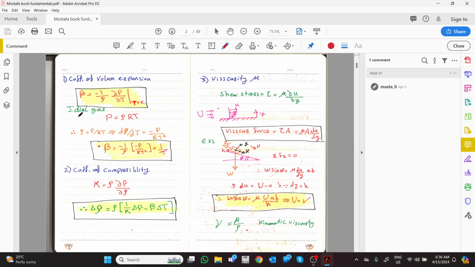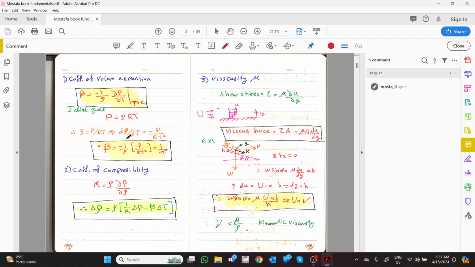So let's continue. The ideal gas is an example: P equals rho RT, which is PV equals MRT. So just rho here. So rho equals this one, and we know that d rho by dT, we just make a derivative with respect to T. So T to the minus 1 becomes T to the minus 2, with minus the power coming down, minus 1, the normal derivative.